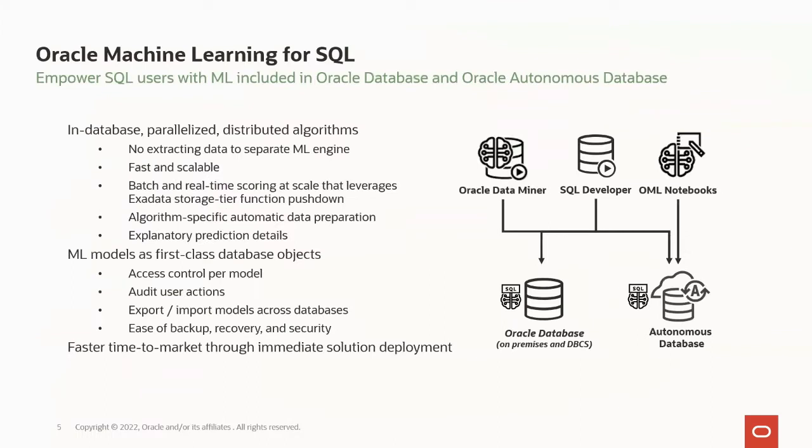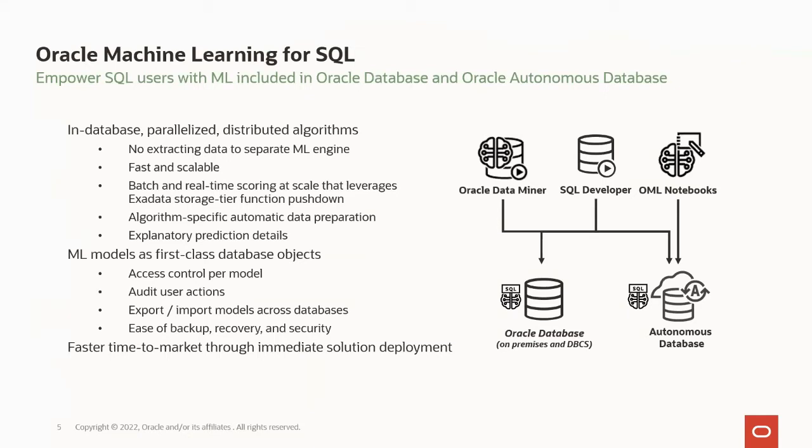Oracle Machine Learning for SQL actually supports OML for R. So we're briefly going to highlight some of the benefits since many of these also apply to the R interface. The in-database parallelized distributed algorithms keep data under database control, so there's no need to extract the data to separate analytical engines, which can be time-consuming and introduces issues for data security and storage.